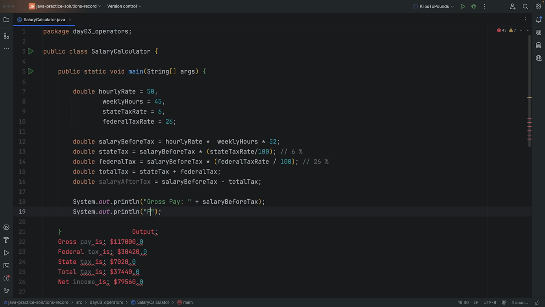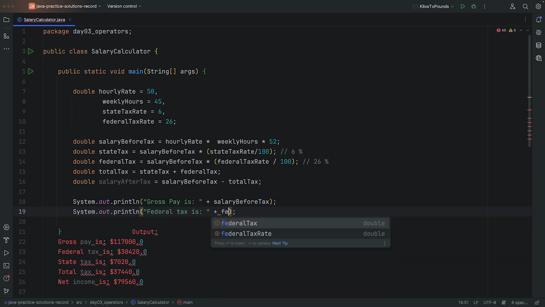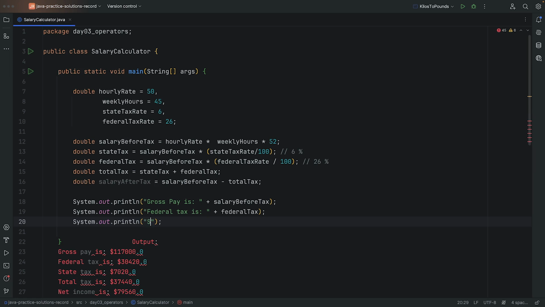Then I'm going to go ahead and put the federal tax amount. This is going to be the actual amount, not the rate. So that's this calculation that I've done here. So the federal tax is, and then I'm going to concatenate the variable of the federal tax. Next up, we have the state tax.